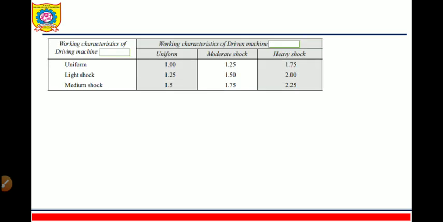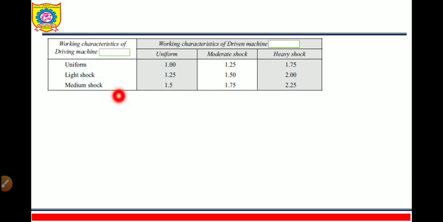So here are some values of the service factor that I am showing. The first column is the working characteristic of the driving machine: uniform, light shock and medium shock. And the second column consists of the working characteristic of the driven machine: uniform, moderate shock and heavy shock. So the first is for the driving machine and the second is for the driven machine. One can call the first a source.